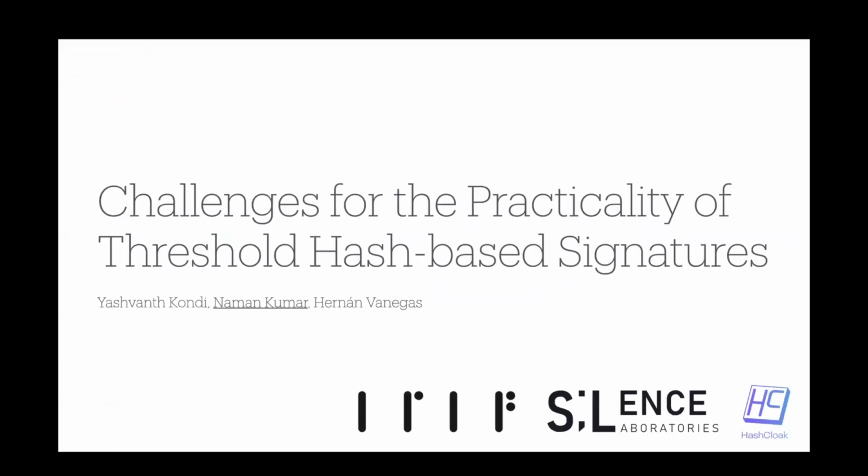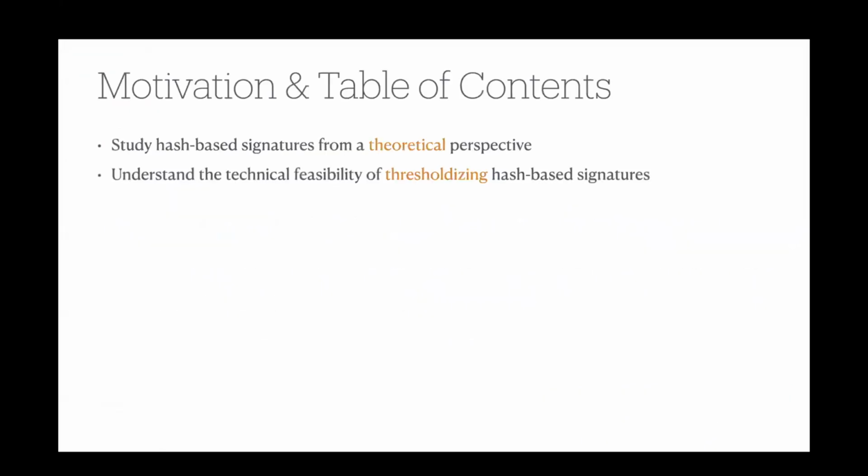Okay, yeah, thanks. So as Yash said, I'm going to be continuing on this and presenting you some of the technical ideas behind this idea that we have. So just to recall, in this work, we study hash-based signature schemes from a general theoretical perspective, and we're interested in understanding the technical feasibility of what it means to thresholdize these hash-based signatures.